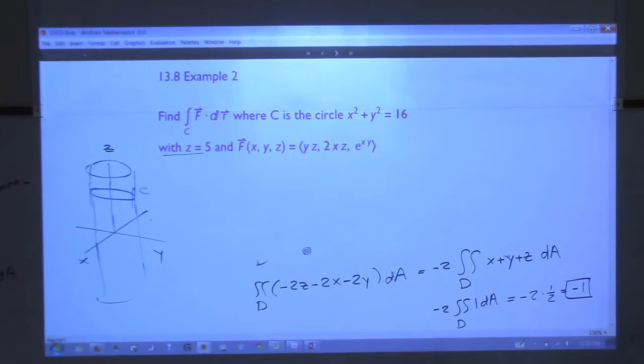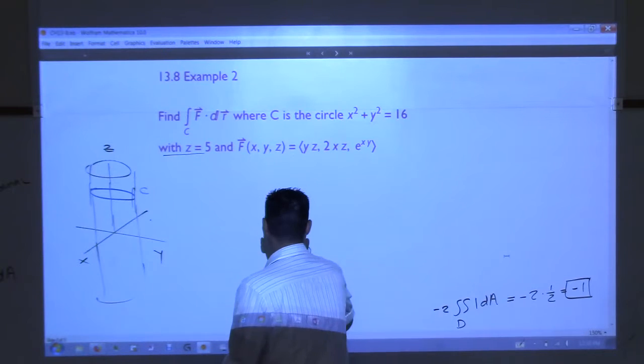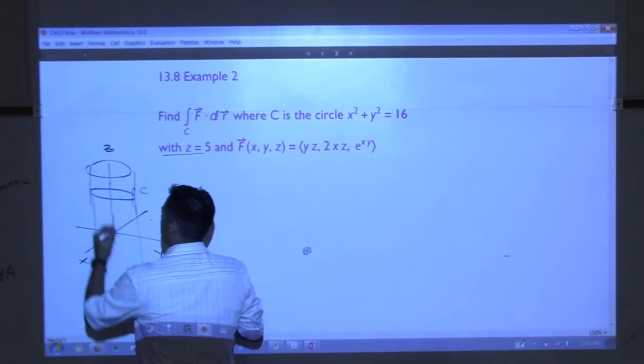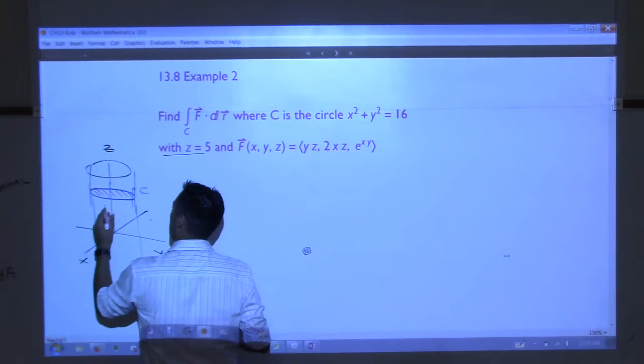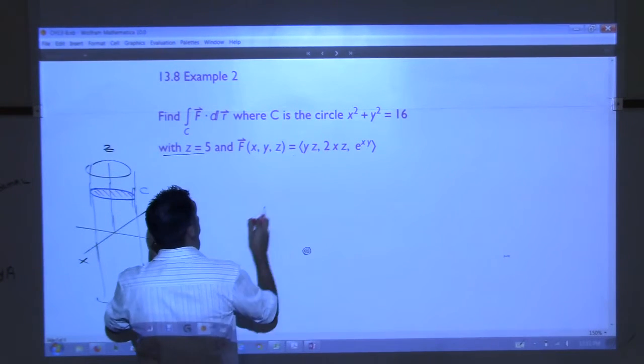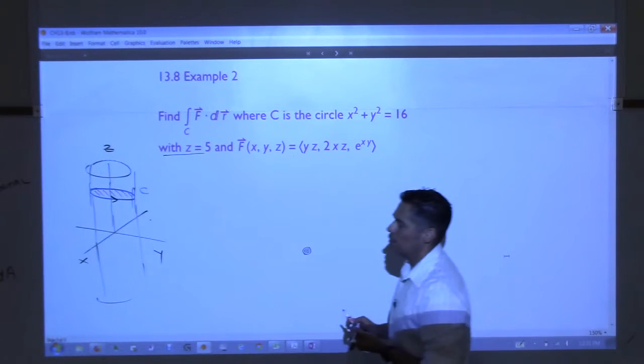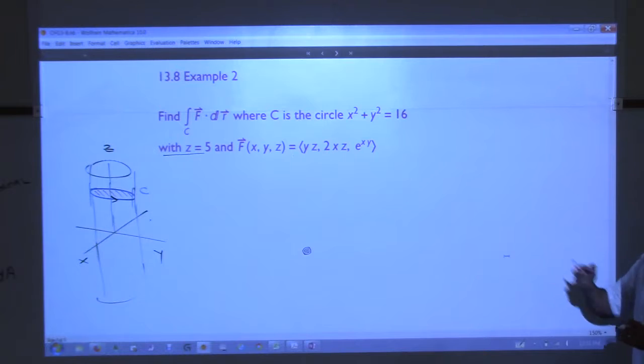Let's see how Stokes' theorem works with this. We do see a surface here. Do you see a surface? Yeah, it's right here. And also, in these instructions, I didn't tell you the path. I wanted it to be this way. That's not given in the problem the way I stated it, but the path is like this.